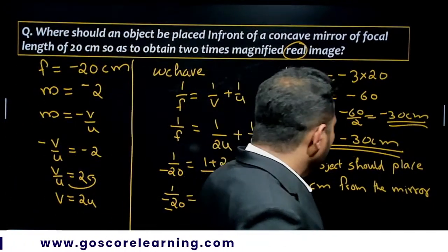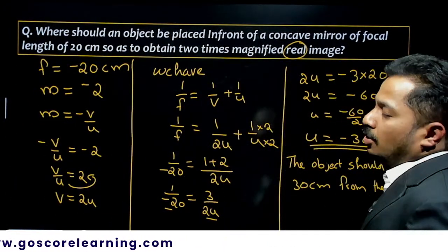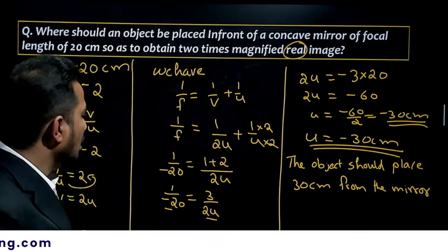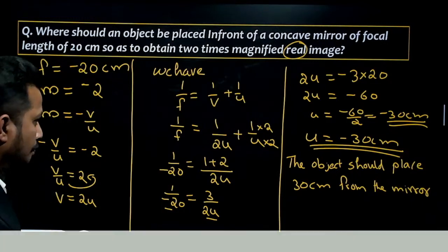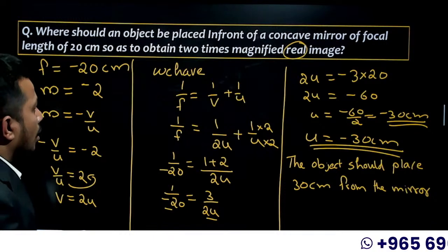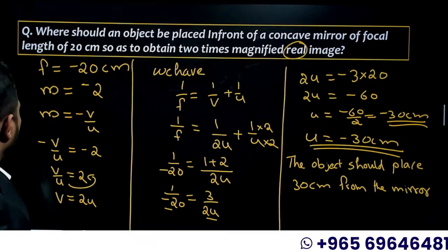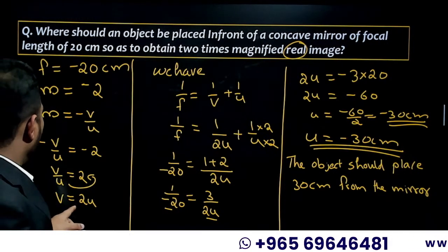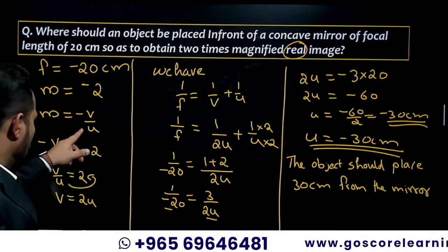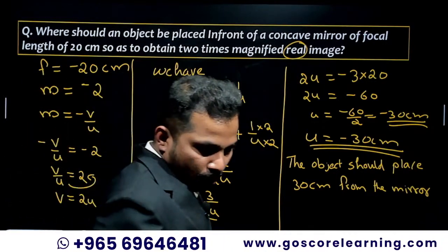The object should be placed 30 centimeter from the mirror, so that it will be producing a 2 times magnified image. So you got the answer. Here V you will be getting 2U, so 60. V by U, 60 by 30, you will be getting 2. So your answer is correct.